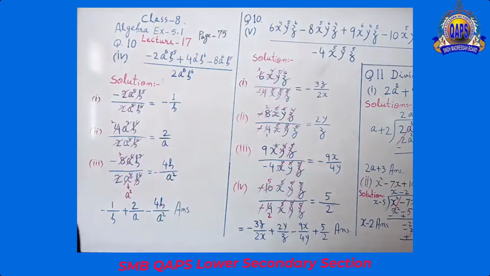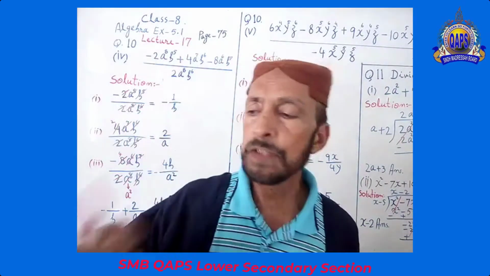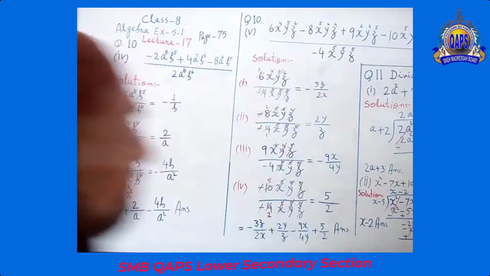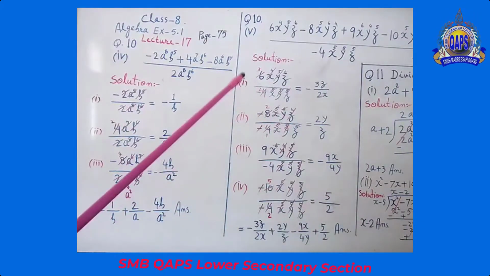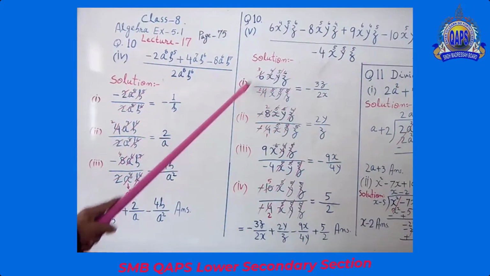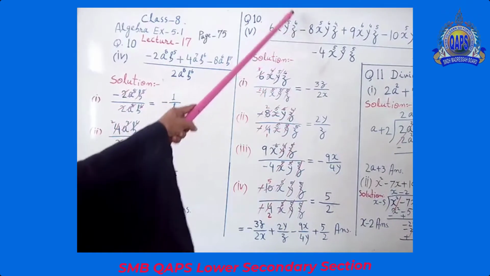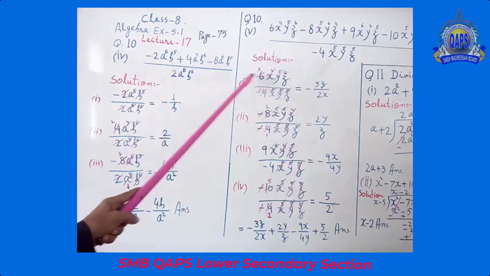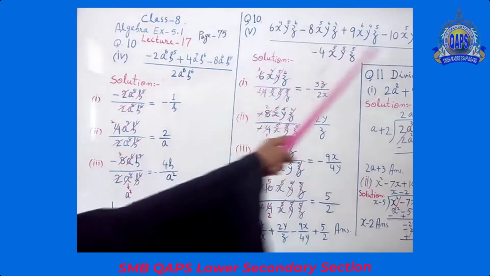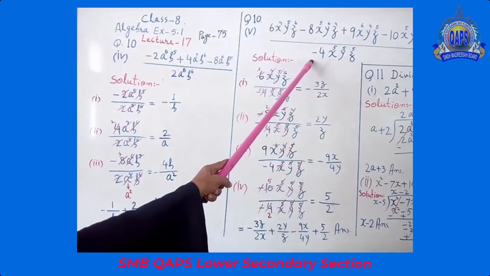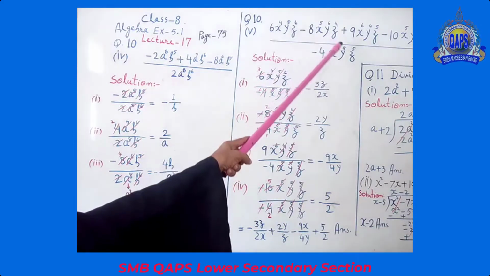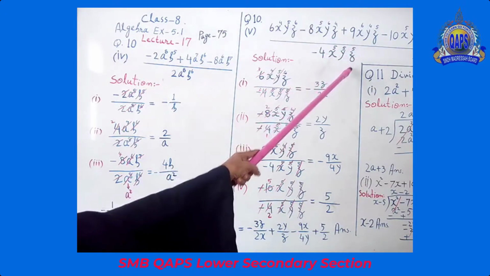Solution. Start going one by one. Step 1. 6x^4y^5z^6, I wrote it over here, divided by minus 4x^5y^5z^5.